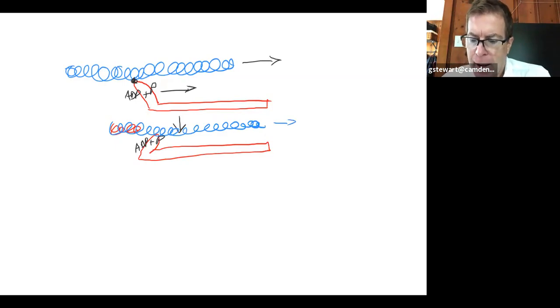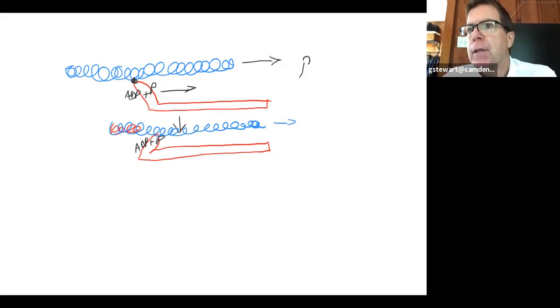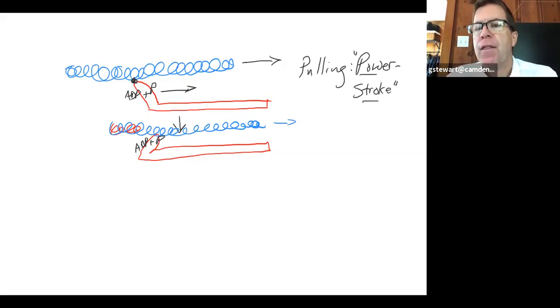So after this pulling, I am going to write this out because I'll probably use this language on the next quiz. The pulling action is called the power stroke of muscle contraction. So that term power stroke just refers to this action of pulling actin toward the M line. That's what this term means.